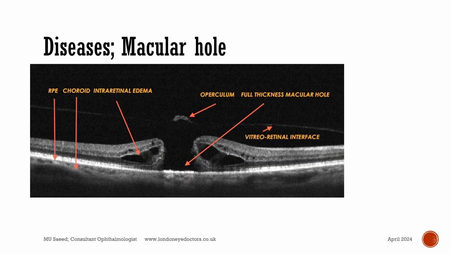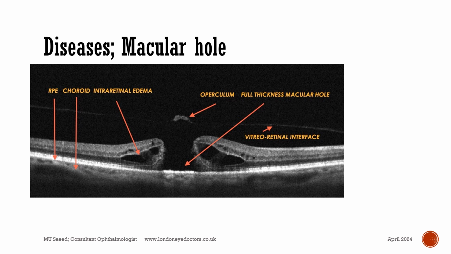In our VR clinics, a lot of patients do come with diseases like macular holes, and OCT scans can help identify different types of macular holes, whether they're lamellar macular holes, full thickness macular holes or partial thickness macular holes.